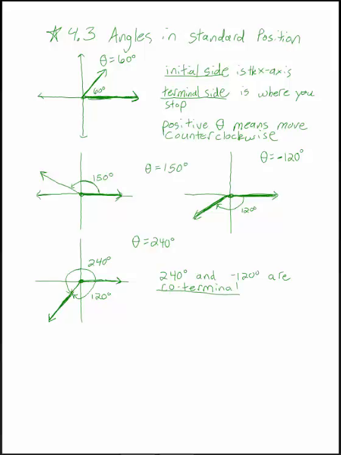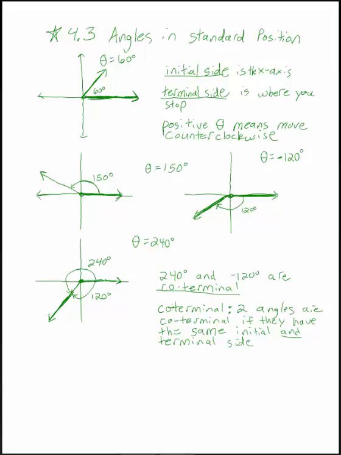And the definition of coterminal: two angles are coterminal if they have the same initial and terminal side.